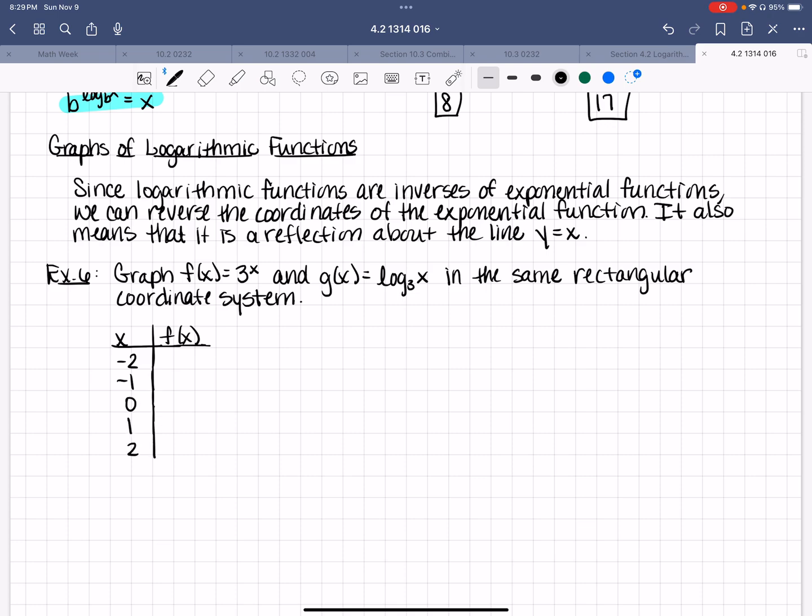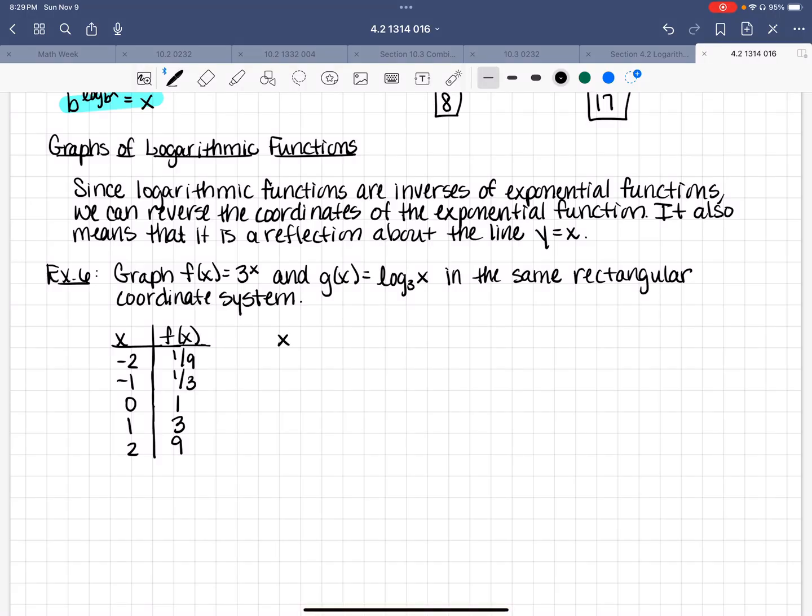Okay, so when x is -2, f of x will be 1 over 9 because I've got 3 to the -2. -1 gives me 3 to the -1, which is 1 over 3 to the first power, which is 1/3. 3 to the 0 is 1. 3 to the first power is 3. And 3 squared is 9. Okay?